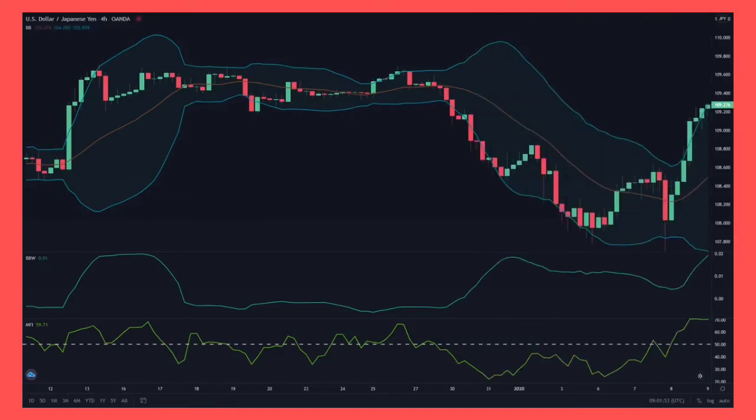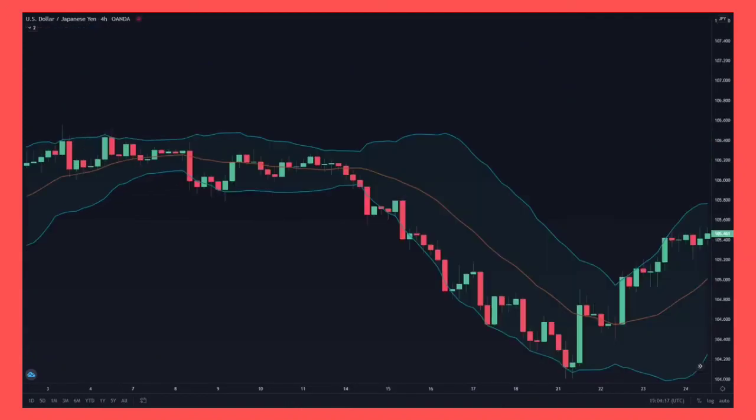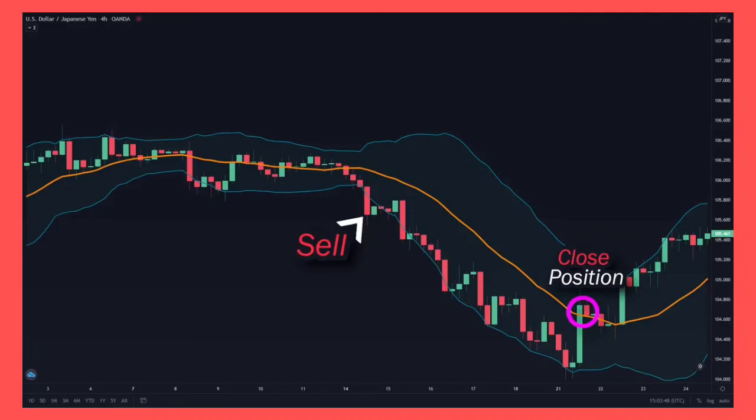Now, I'm going to teach you a really effective exit strategy that you can use to maximize your profits using the Bollinger Bands indicator. Let's say you took a sell position here, and what you want to do is let your trade run until a candle breaks out of the middle SMA line. If the candle broke out like this, you close your position.